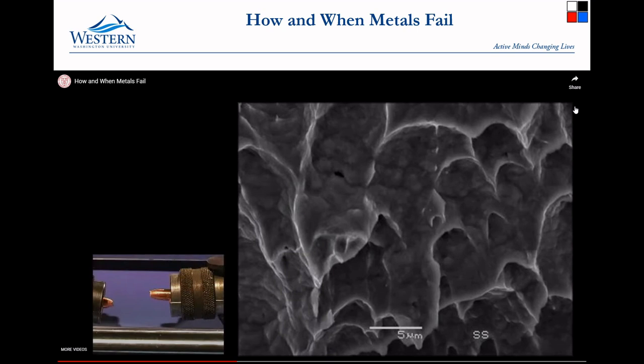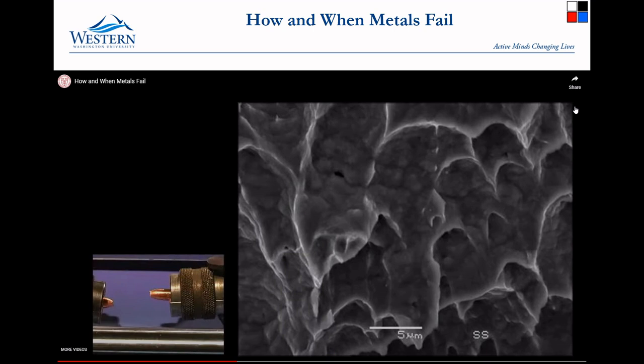So this is a failure that happened in a ductile material, and if it has the little ductile dimple shape to it all over, that means that the part just got overloaded and it failed.